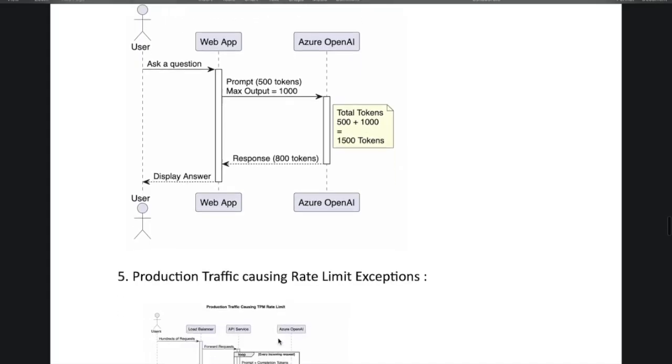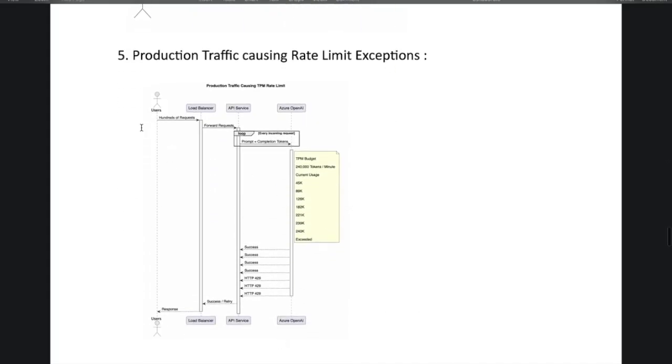But the negative test case can be when there are hundreds of requests. In real-time production traffic, there can be hundreds of requests, and let's say you have a loop, and for every incoming request you're sending prompt and completion tokens to your OpenAI LLM provider. Your TPM budget, let's say, is 240K. I'm just taking an example.